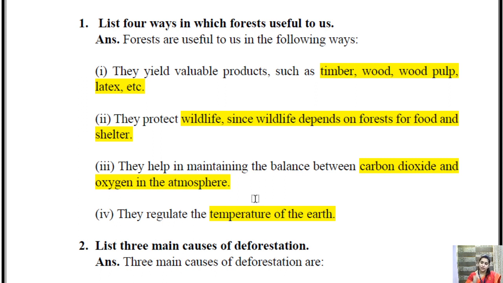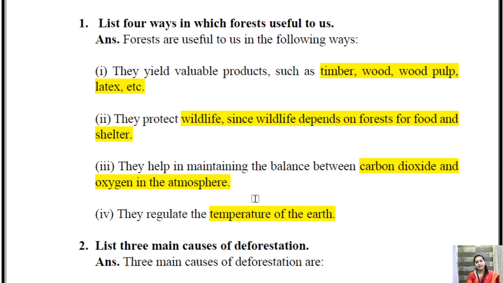Alright, if the population is drastically increasing and hence the carbon dioxide amount is also increasing, so if there will be increase in the carbon dioxide in atmosphere, what will happen? There will be a sudden rise in the temperature of the earth. Alright, and hence it will cause global warming.